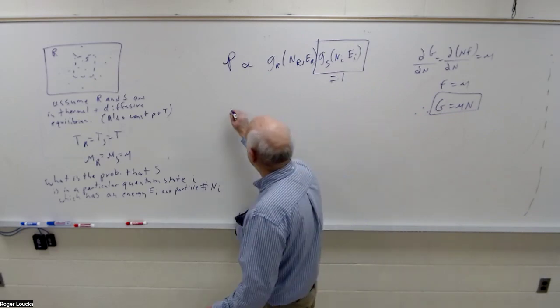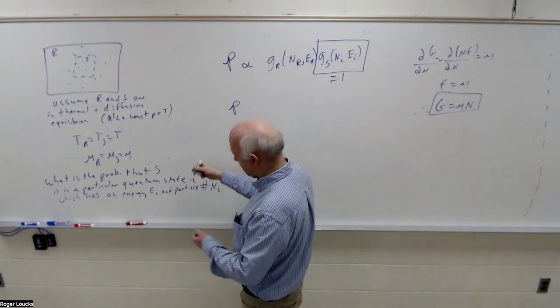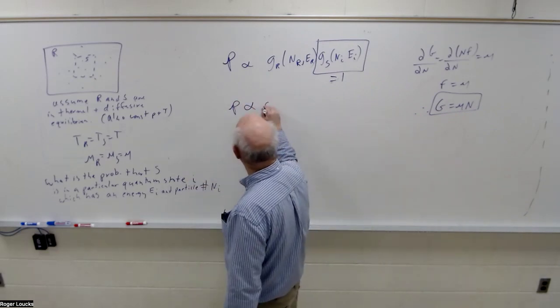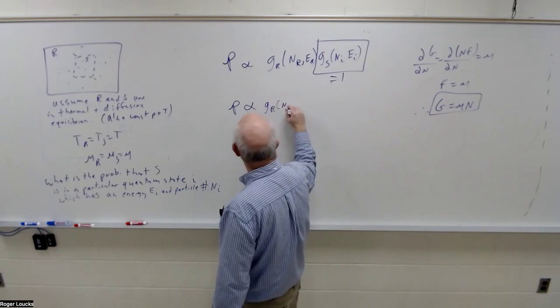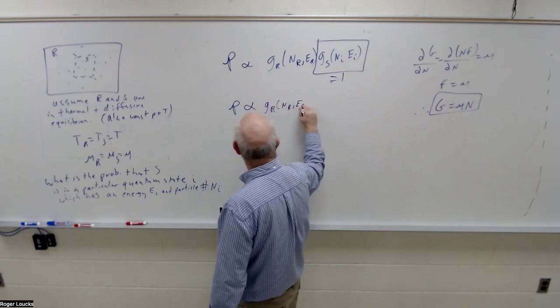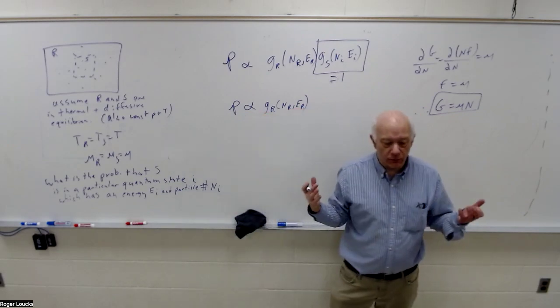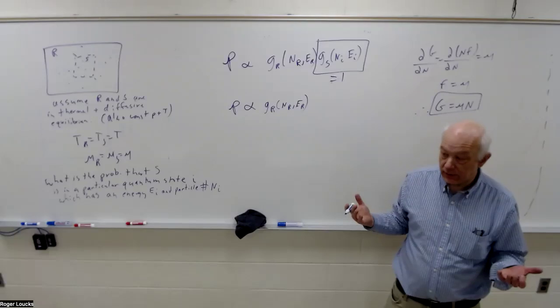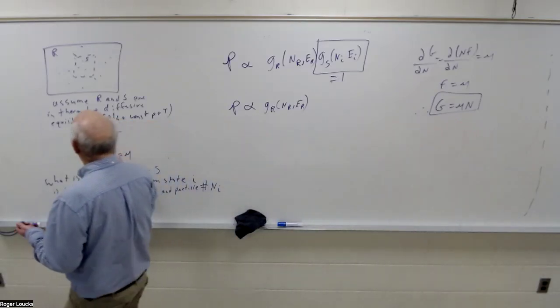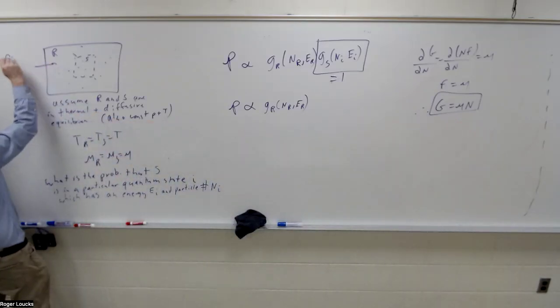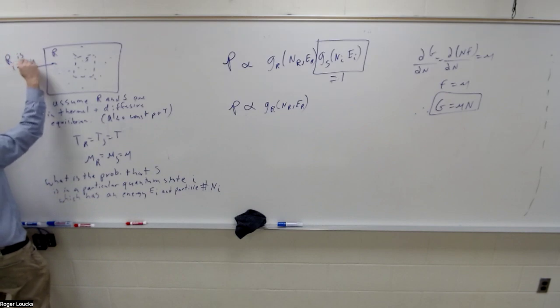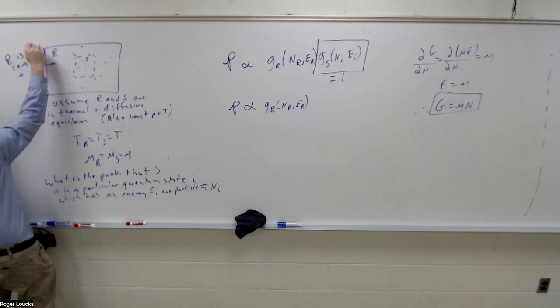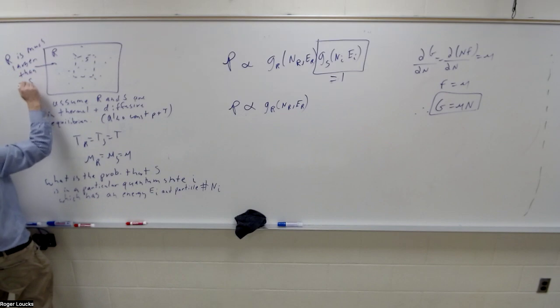So our probability to be in this state I is directly proportional to this G of R, NR, ER. And what do we know about this reservoir compared to our system? Big. It's really, really big. This R is much larger.